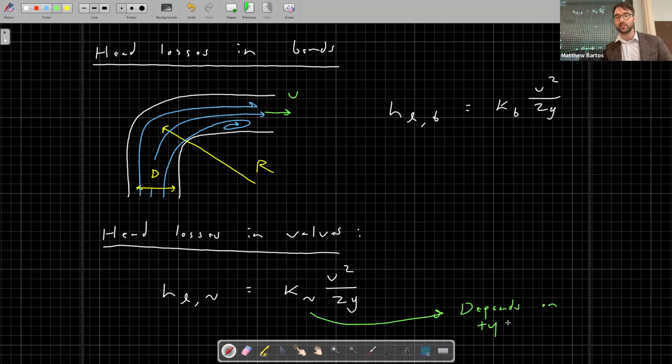So K_v, as in Victor, depends on the type of valve. K_b, as in Bravo, depends on the ratio of the turn radius to the diameter of the pipe.